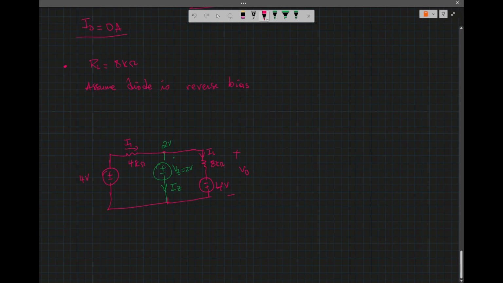So in that case, assume the diode is reverse bias. So I1 is still 4 minus 2 divided by 4 kilo ohm. So that is 2 over 4, which is 1/2, 0.5 milliamps.